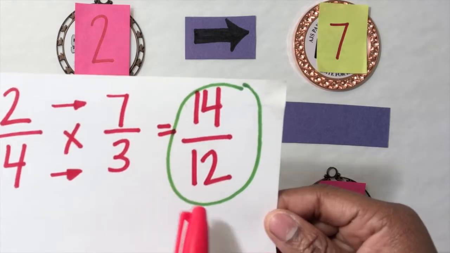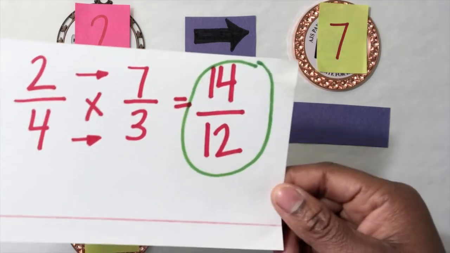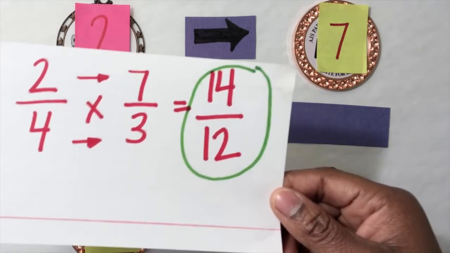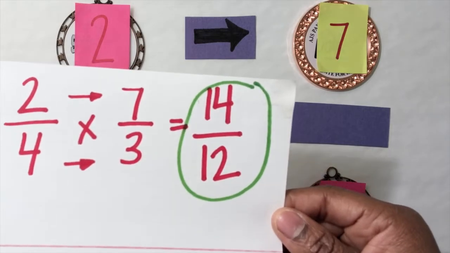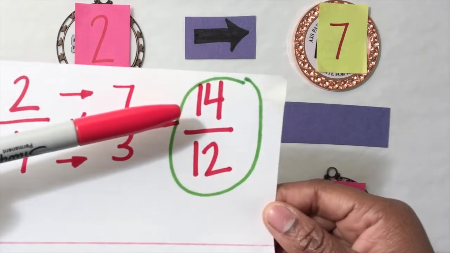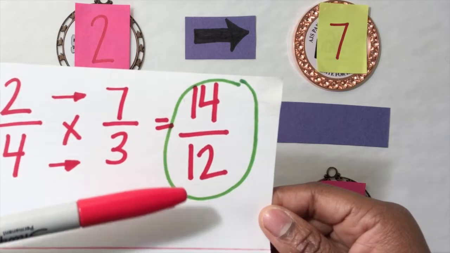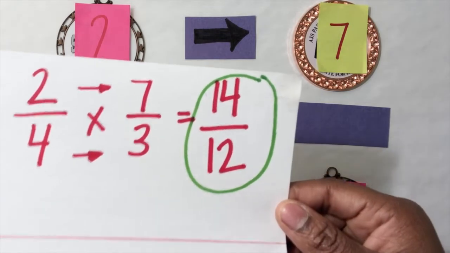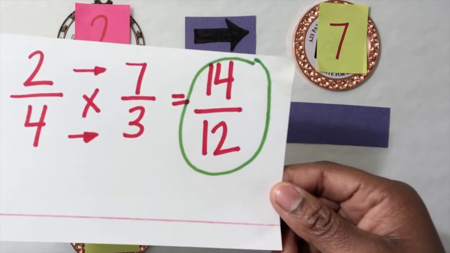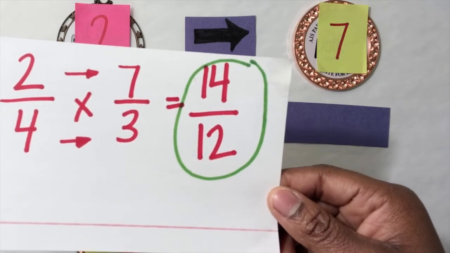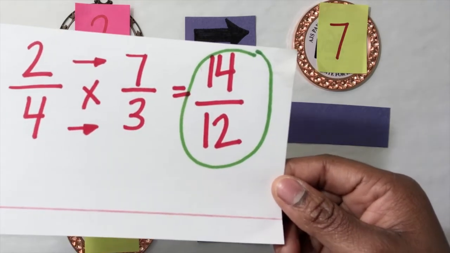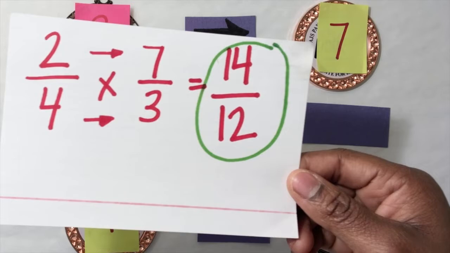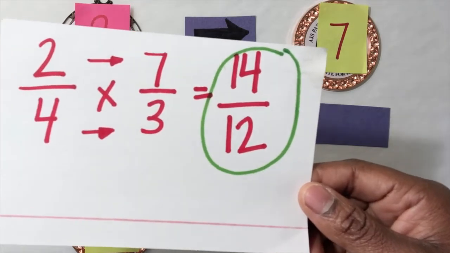I have 14/12, which mathematically will be called an improper fraction because there's a bigger number as our numerator and a smaller number as our denominator. Great job. Did you get 14/12? If not, it's okay. We're going to try a few more together.